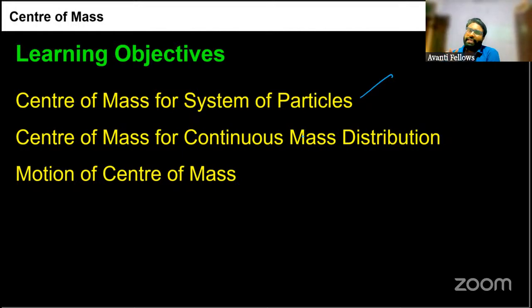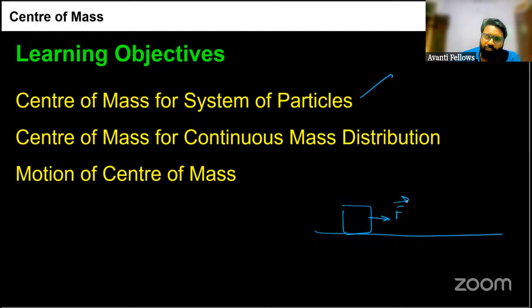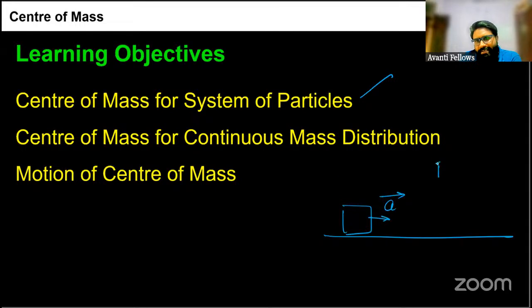Till now, whatever we have studied in kinematics or Newton's laws of motion, when we talk about a block and we have applied a force F on that block, or let's say not the block, we are not showing the force, we are showing that this block is accelerated in this direction, and we write Newton's second equation F equals ma.